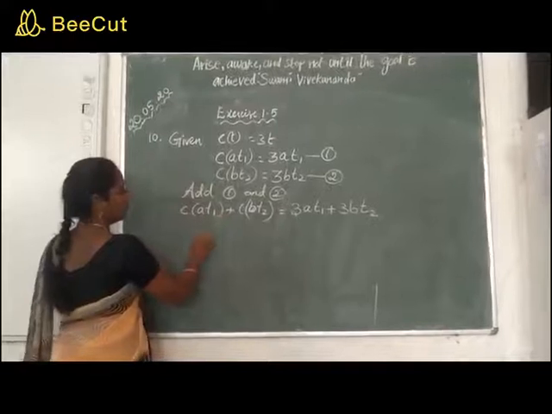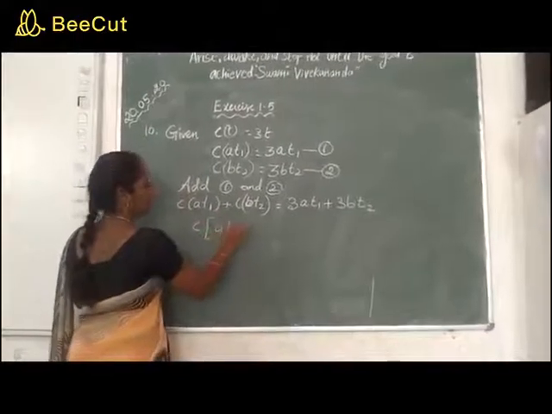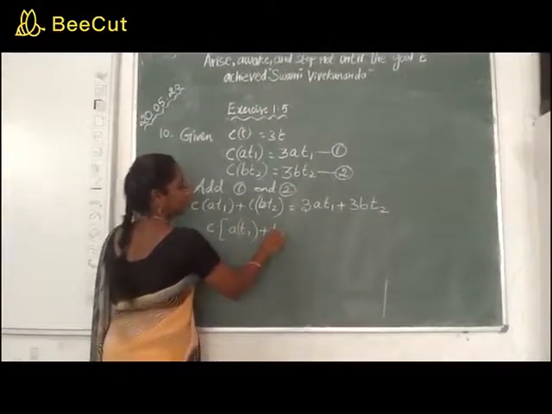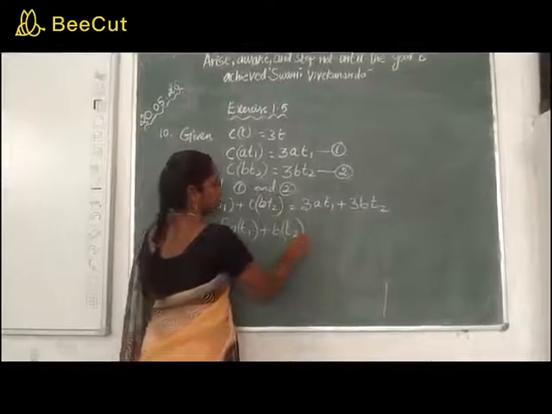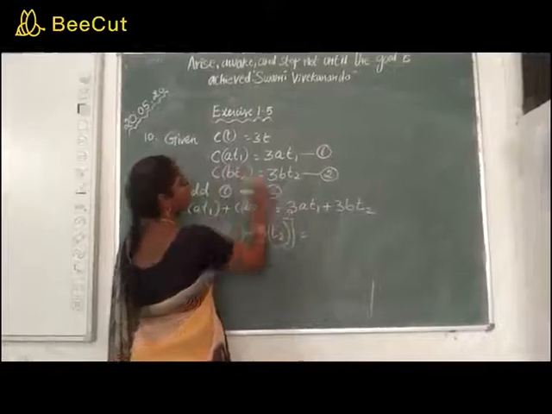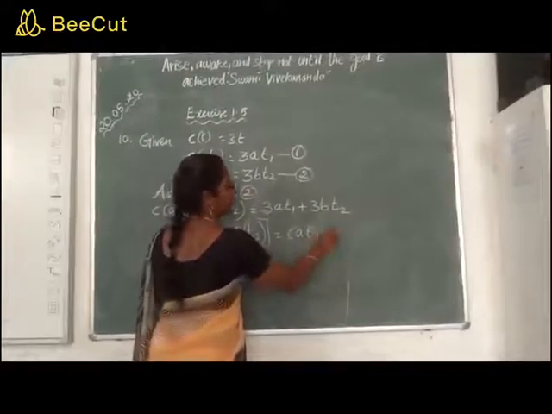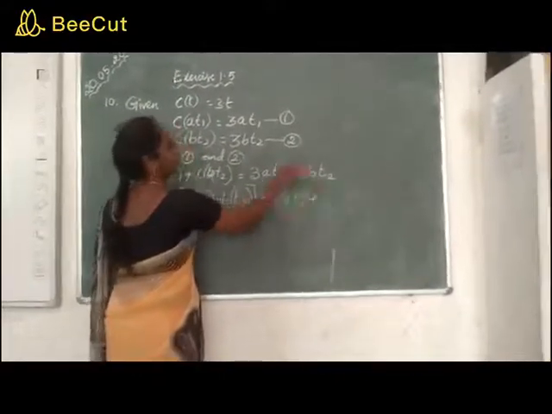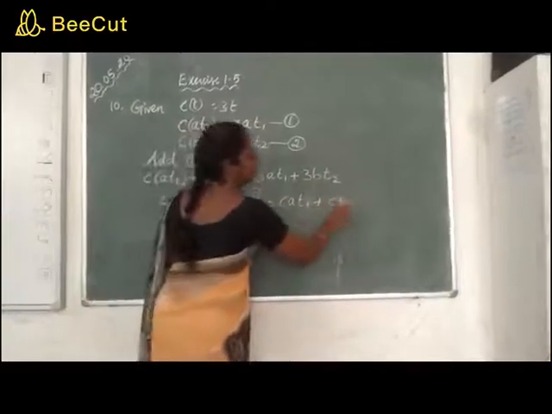Now take c as common. 3a t1 is equal to C(a t1), and similarly 3b t2 is equal to C(b t2).